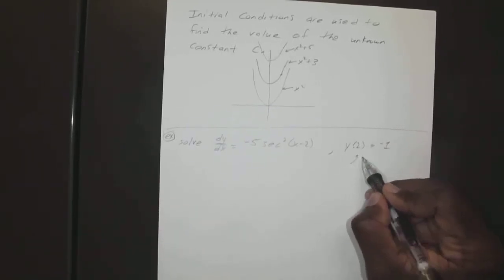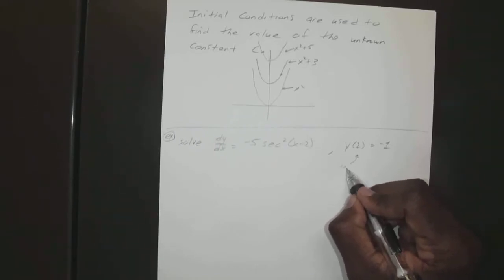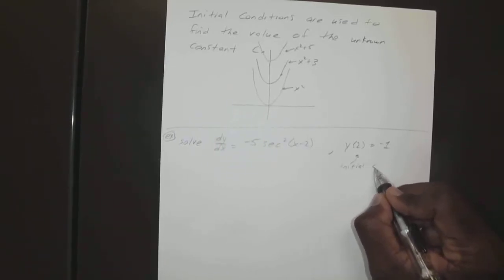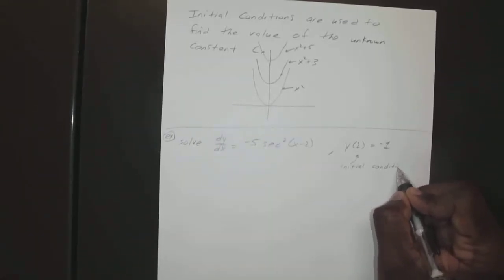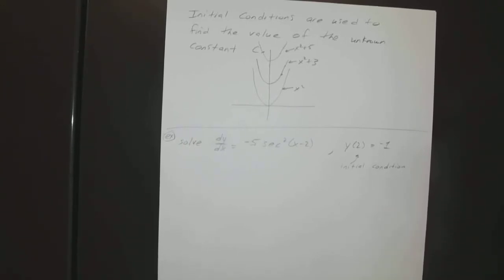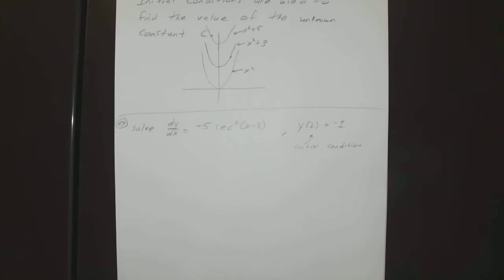And this is actually called your initial condition. Just one point on the graph. And that's what we're going to use to solve for our C value.